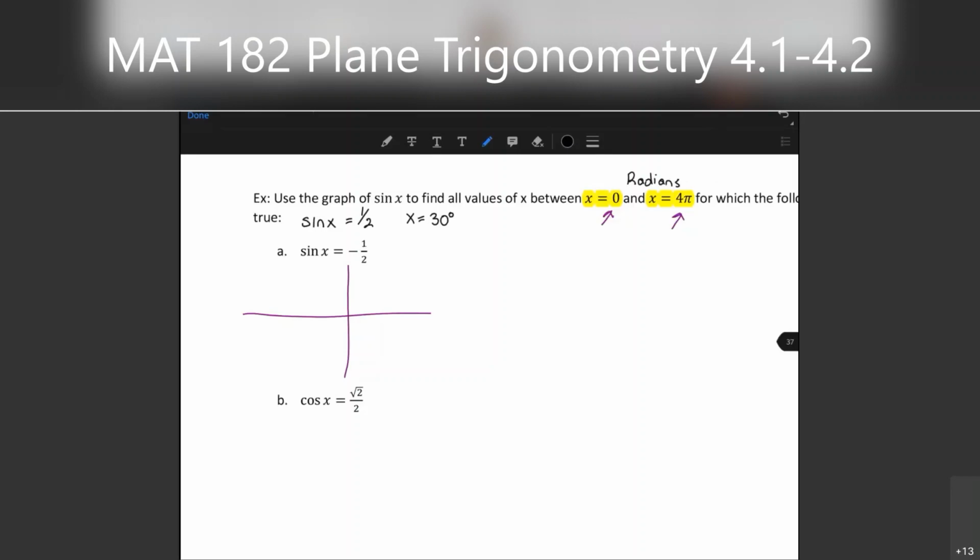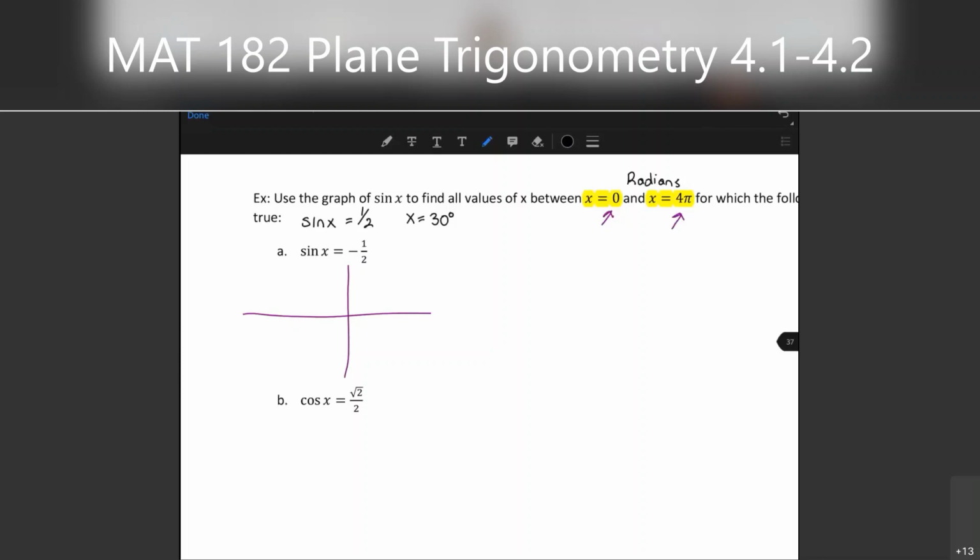Whenever it asks us for solutions from 0 to 4 pi, we do want to present this in radians. So what would be the radian version for 30 degrees? Yeah, there it is, pi over 6.